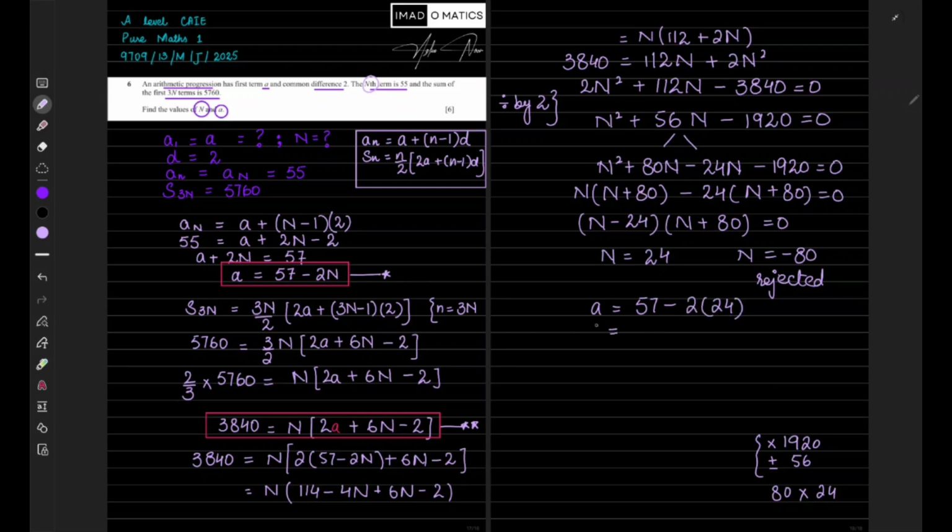So it will give you 57 minus 48. That gives you 9. So we get our values to be n equals 24 and a equals 9 as our final answers.